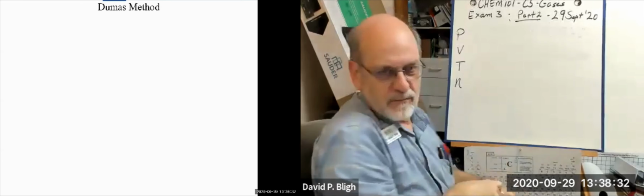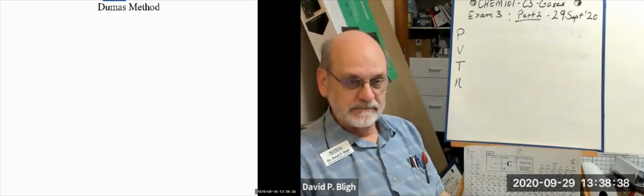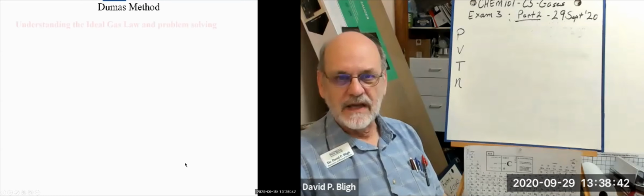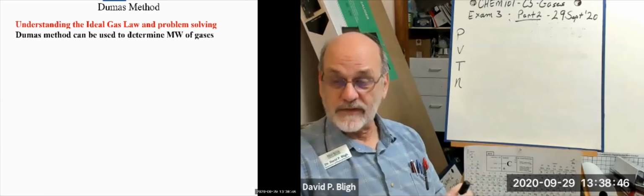So what else can we do with gases? Well, there was a particularly bright Frenchman by the name of Jean-Baptiste Dumas. He was particularly interested in gases and how they behaved.